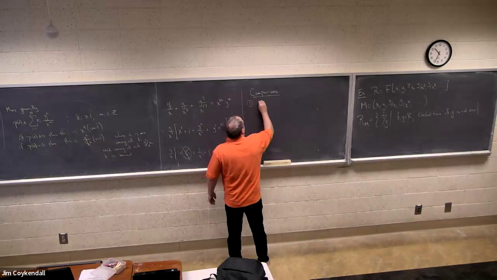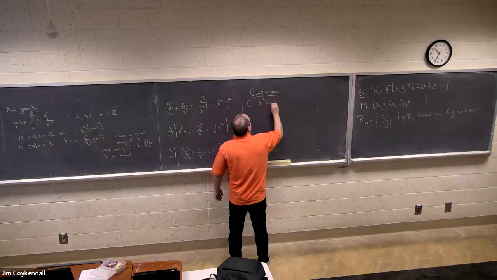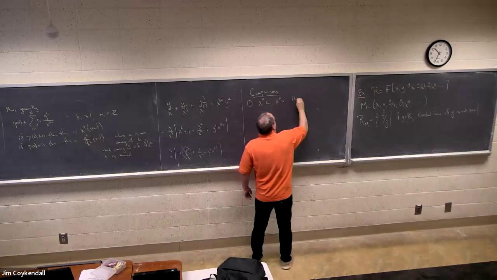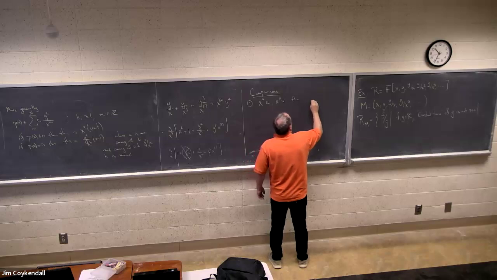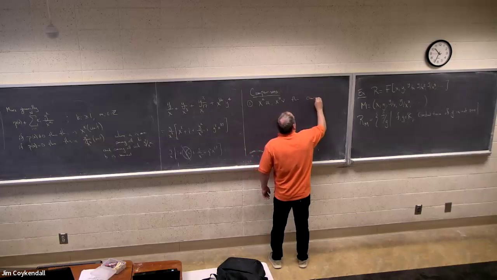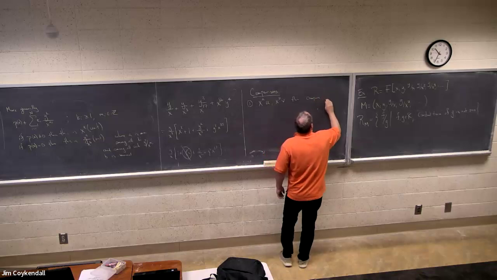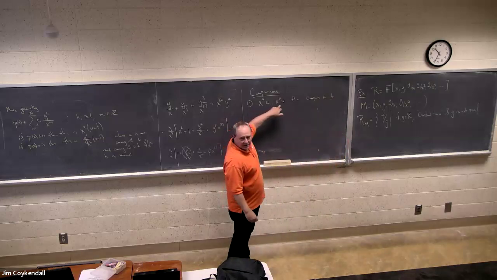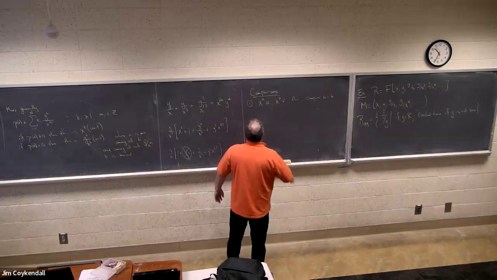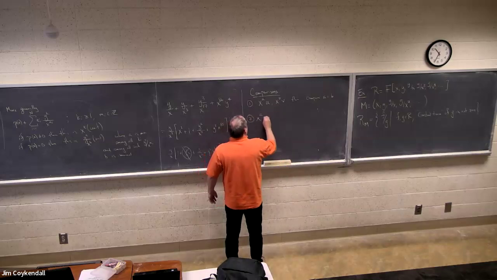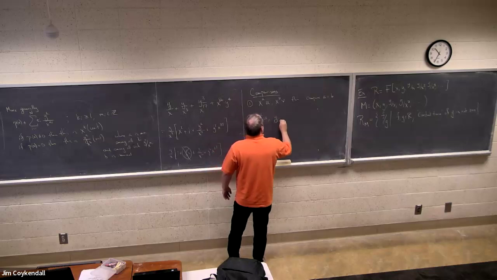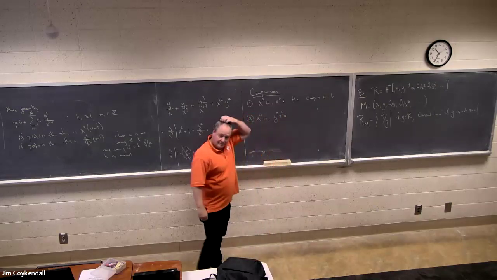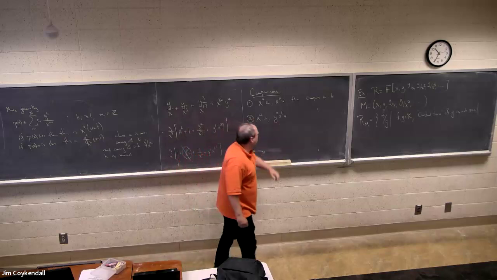If you compare two elements, x to the a times u and x to the b times v, then compare a and b. So if a is less than or equal to b, then this thing divides that, right? What if you compare x to the a times u, and y to the k times x to the b times v? This one always divides that one, right?